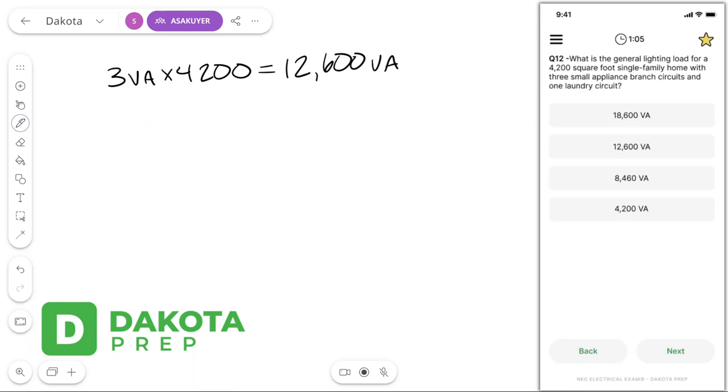Section 220.52 says each of these circuits needs 1,500 volt amps. That's the demand that we apply to these circuits. So we've got 3 small appliance plus 1 laundry circuit, 4 circuits total, times 1,500 volt amps. So we've got an additional 6,000.